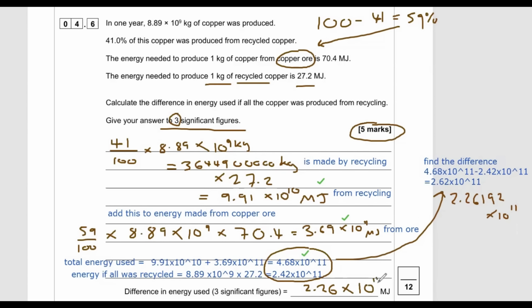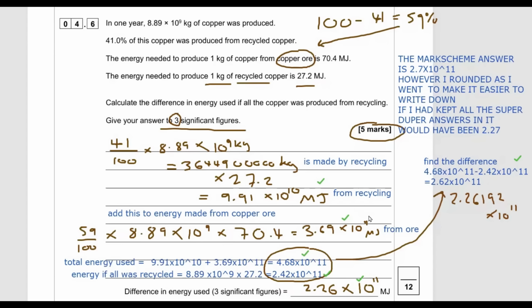Bear in mind, though, that I rounded on the way when I did my 9.91 and when I did my 3.69. So on the mark scheme, the actual answer is something like 2.27 times 10 to the 11. But you just have to bear in mind that I was rounding on the way because I didn't want to write down 9.91692134789. I didn't want to put all the numbers down on the paper because I just couldn't fit it in.